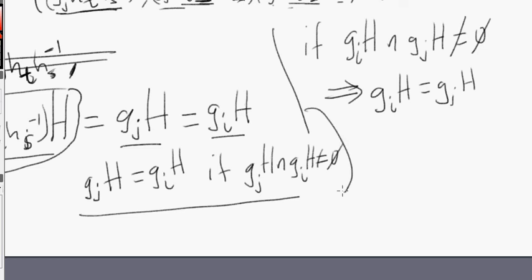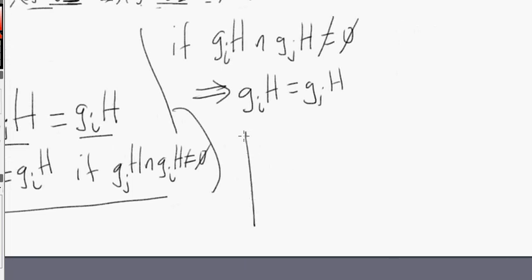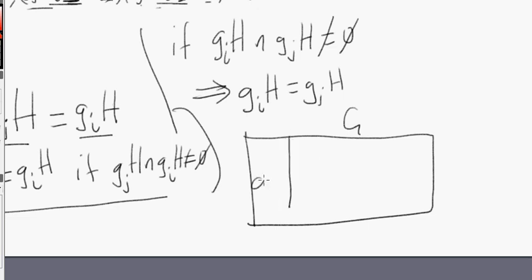Remember, we started with the cosets. We said that G equals the union of the cosets G1H, G2H, all the way till, in this case, I think we had M elements, GMH, whatever the cardinality of G was. This is what we'd had before.